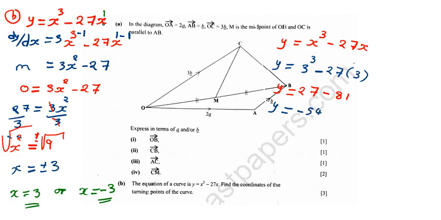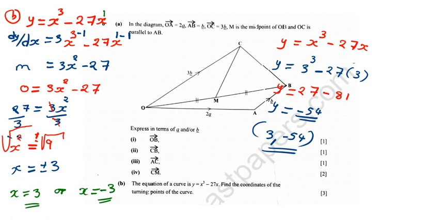So that's my value of y. Therefore my first coordinate, with x as 3, will be 3 comma negative 54. That's my first coordinate, but there have to be 2 because we have 2 values of x.